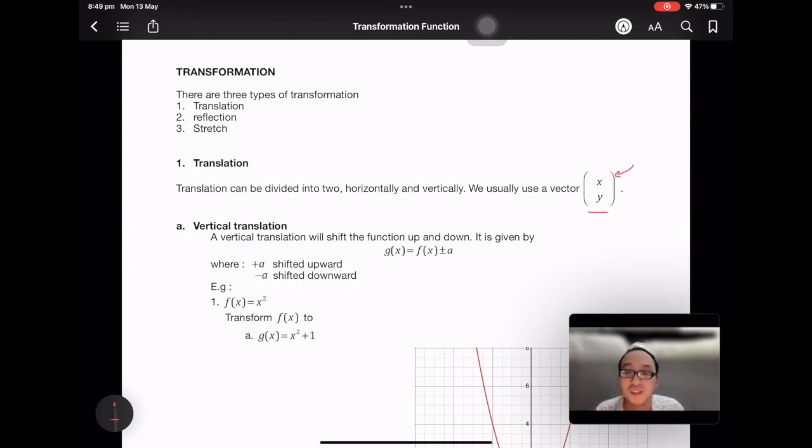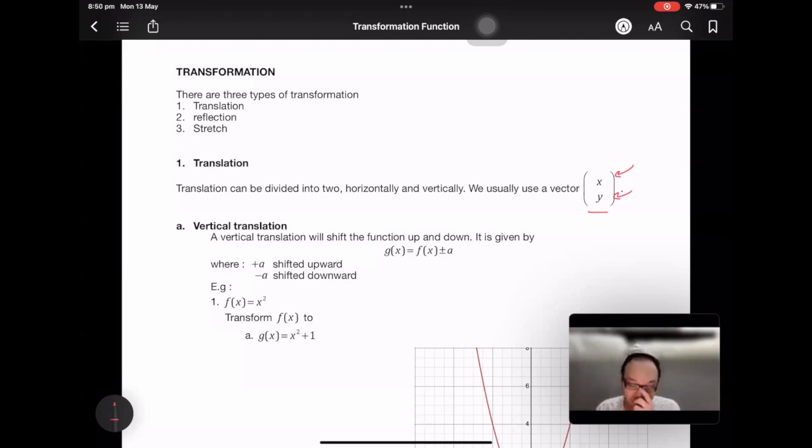The first row indicates the direction horizontally, where the graph will shift left and right, and the second row is where the graph will move up and down vertically. So we start with the vertical translation.